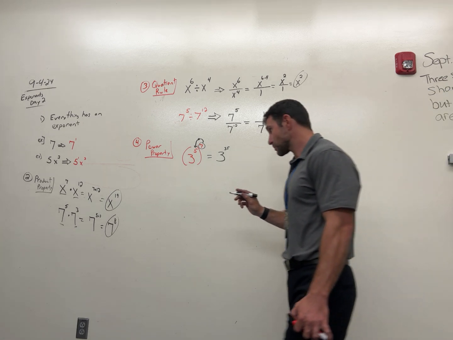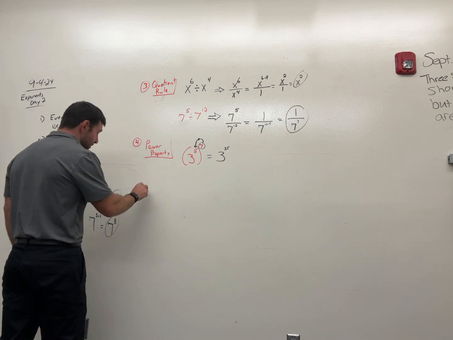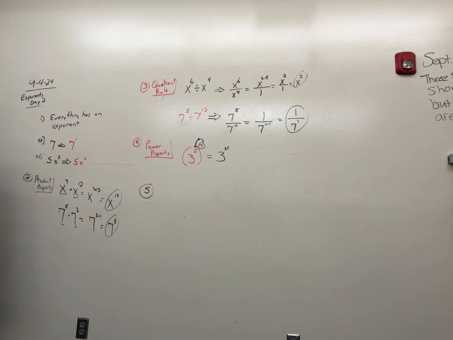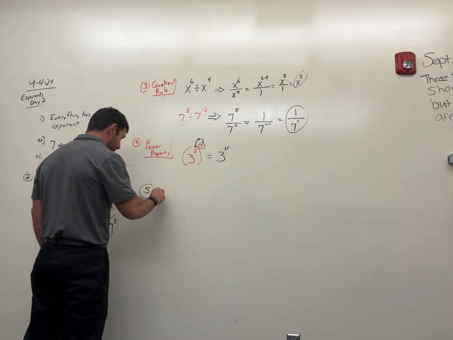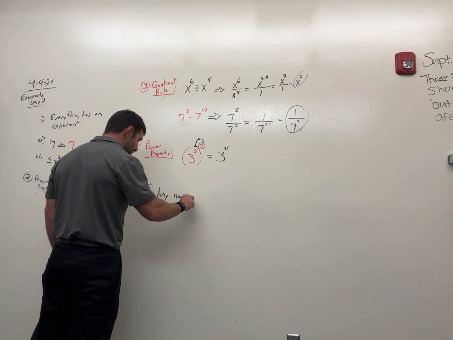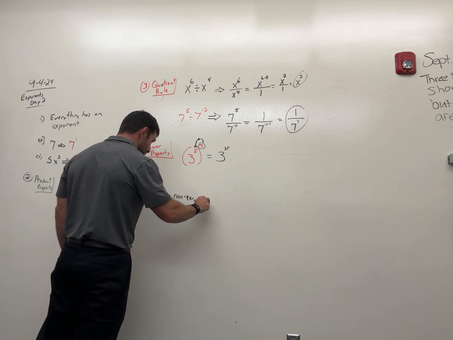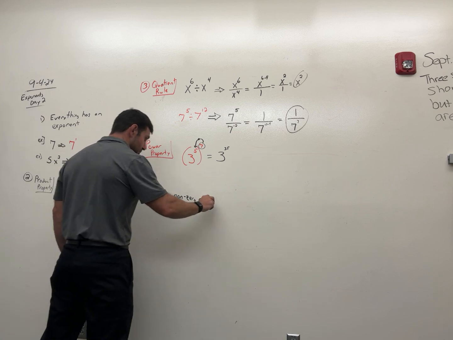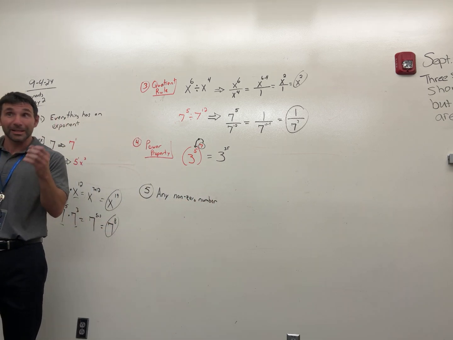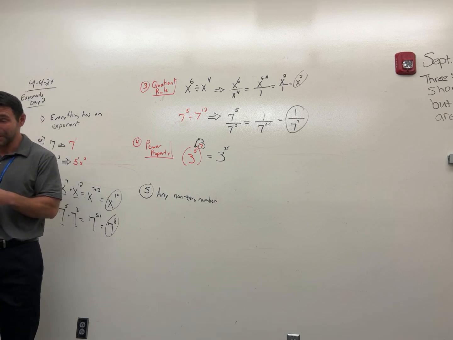Okay. This is a new rule for everybody. Any non-zero number. So what are non-zero numbers? Anything that's not 0. As long as the number is not 0, that's what that's saying.